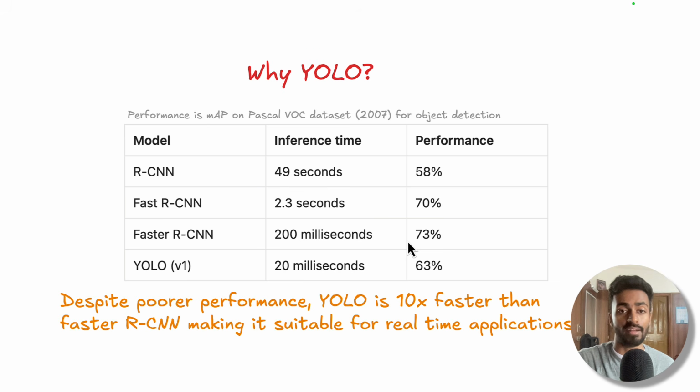YOLO, on the other hand, might have had lower performance on object detection overall, but it still had 10x faster inference time for a single image than Faster RCNN. And this made it very suitable for real-time applications. So these are the big reasons why we have YOLO.